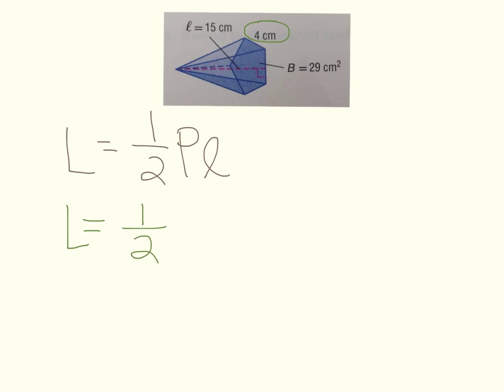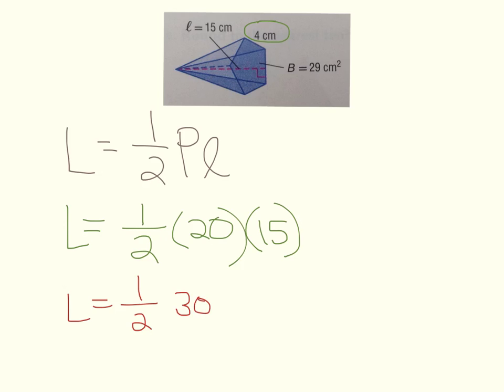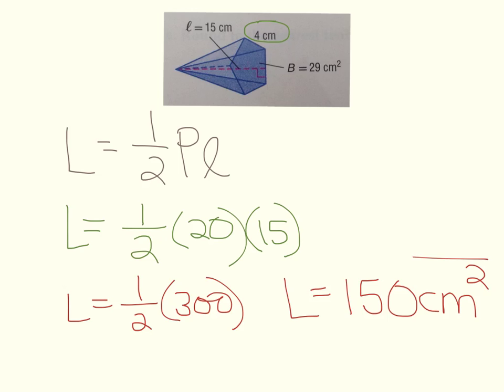So 1/2 times 20 times 15. I would leave the 1/2 and multiply the 20 times the 15 first, which gets you 300. And so the lateral area would be 150 centimeters squared.